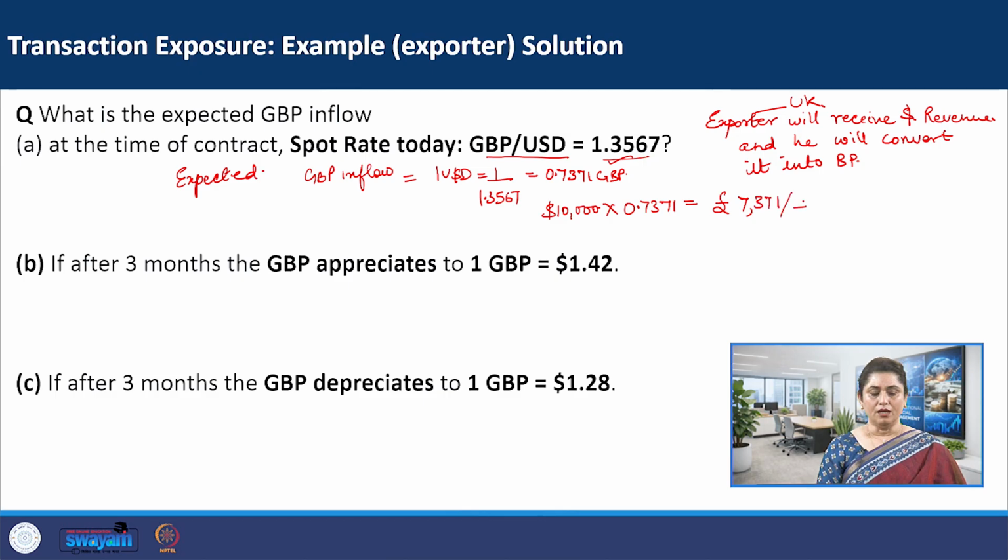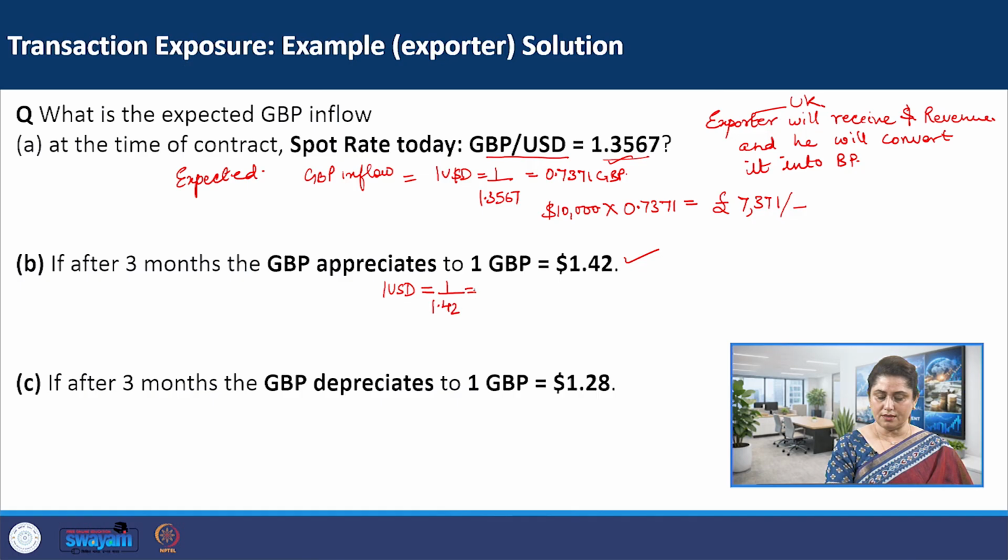7,371. Now after 3 months, let's say the British pound appreciates, and now the value of 1 British pound is equal to $1.42. The British pound has become expensive. Now what we are going to do is we will first take the value of 1 USD, which will be equal to 1 upon 1.42.